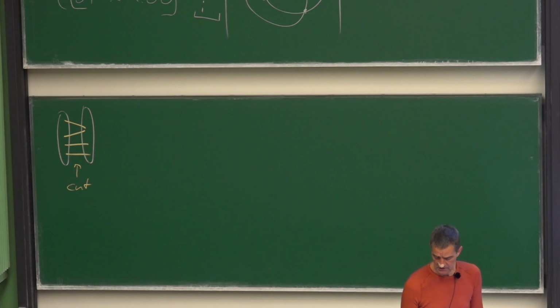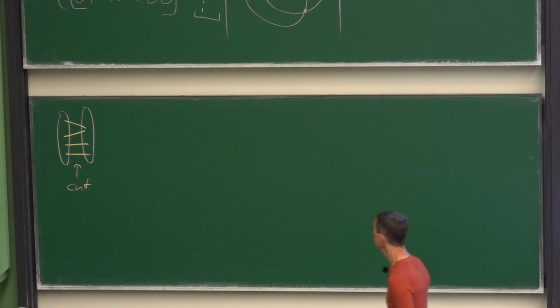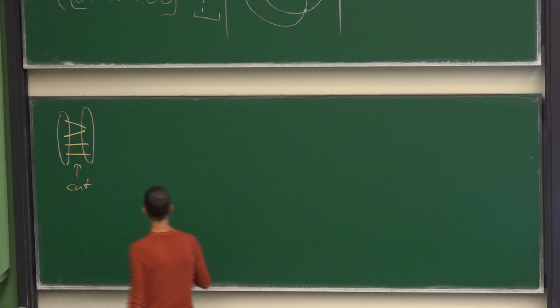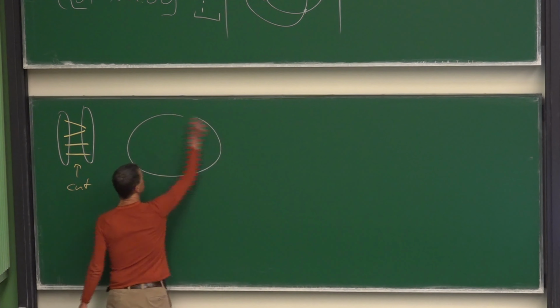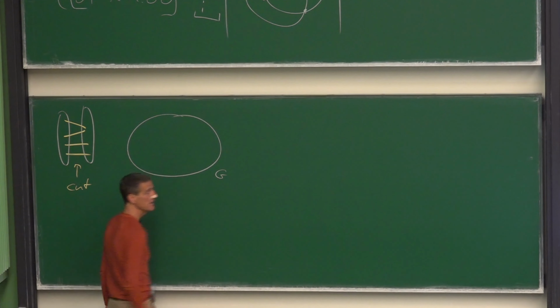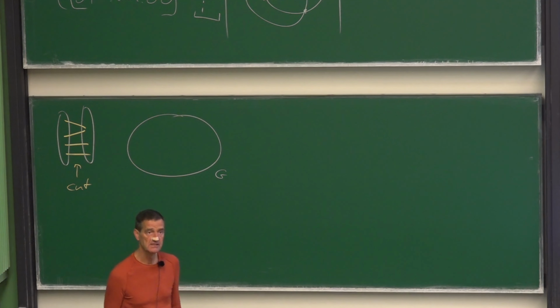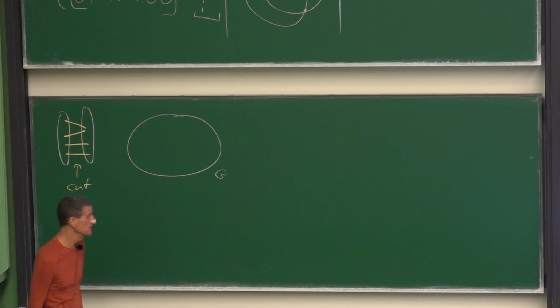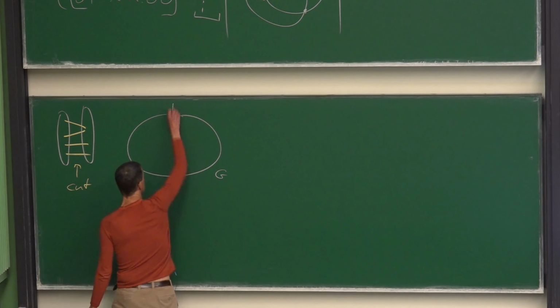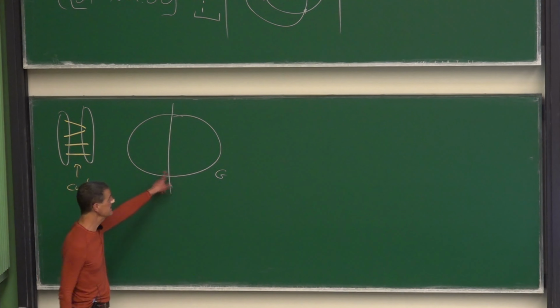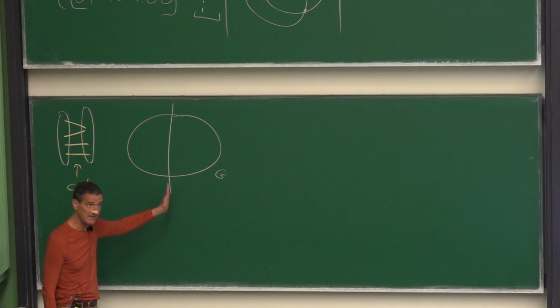Okay, so all the cuts and just the cuts together with the empty set form a subspace. And here's why. We have to show, let this be our graph G, that when you take the symmetric difference of two cuts, then you get another cut. So let's say here is, I indicate a partition of the vertex set by a vertical line now.